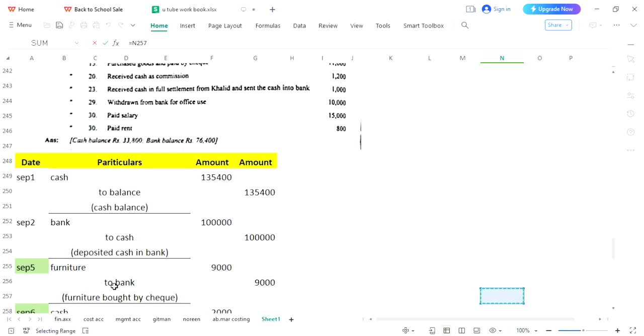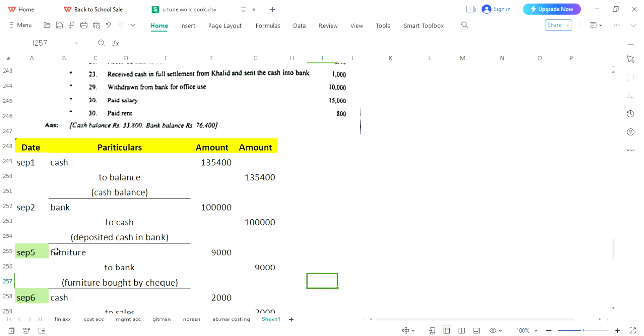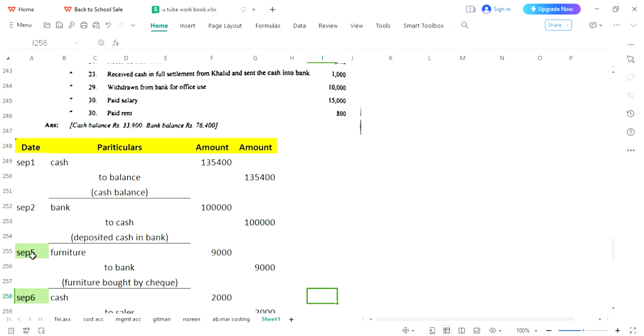Please note it down. Bank is written on the credit side. How much amount? 9,000. You will put 9,000 over here. For reference, you will see furniture is written on the opposite side. Just put furniture on the opposite side. The September 5th entry is completed. Let's mark it as done.